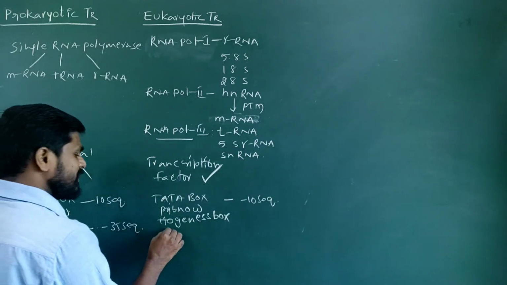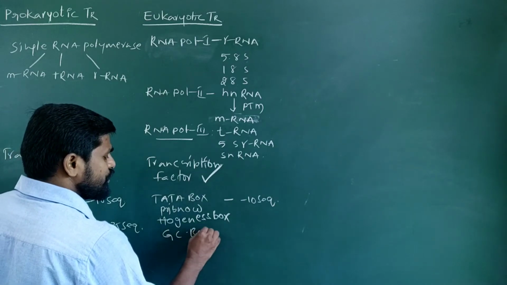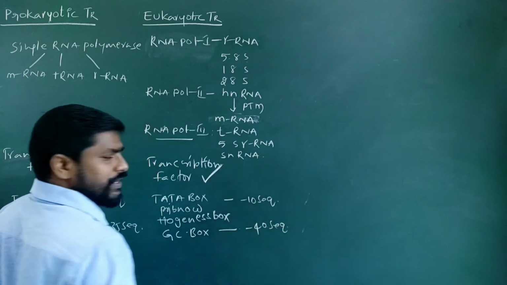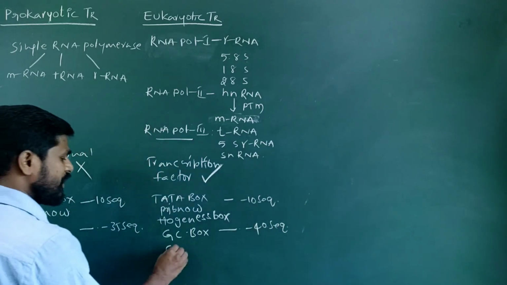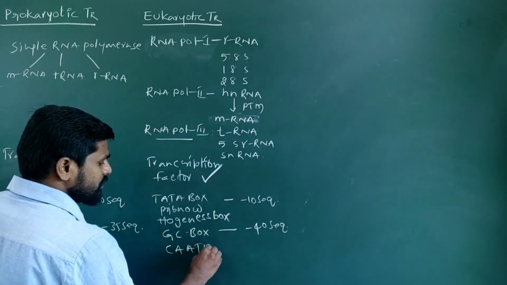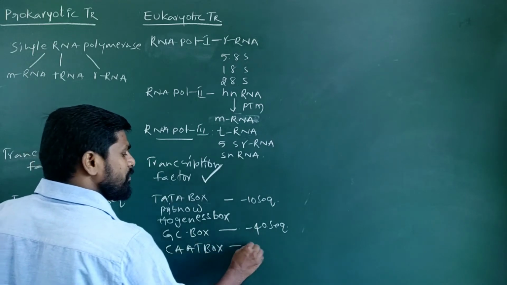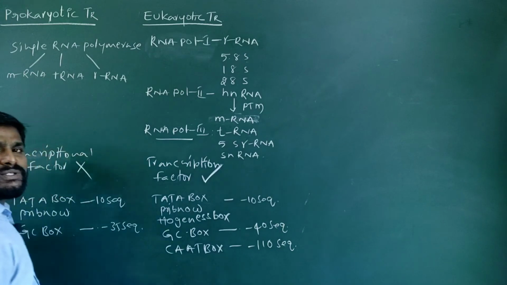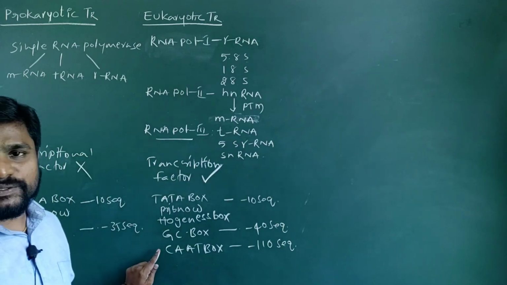The next type of promoter is the GC box, which is present at the -40 sequence of nucleotides, and the last one is the CAT box, which is present at the -110 sequence of nucleotides on the transcriptional unit of eukaryotes.